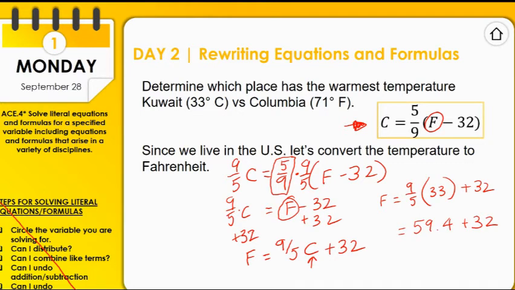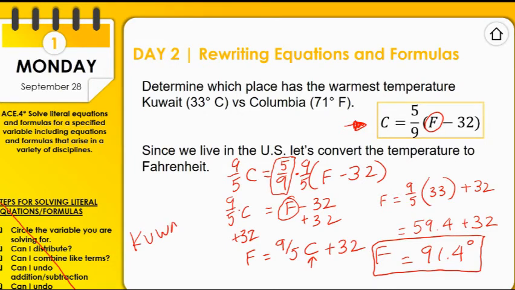Plus 32 was 91.4 degrees. So the temperature in Fahrenheit in Kuwait at 11 p.m. was 91.4 degrees. So which place was warmest? It would be the country of Kuwait.